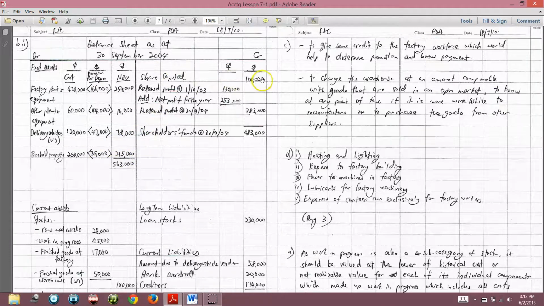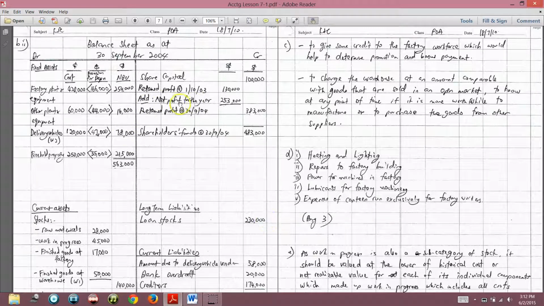Like here, share capital 100,000 is given in the question. So once I use my figure, I tick. And then you have loan stock, so long-term liability, loan stock 230,000. I assume that everybody has gone through all the lessons systematically, otherwise you will find it hard to follow.